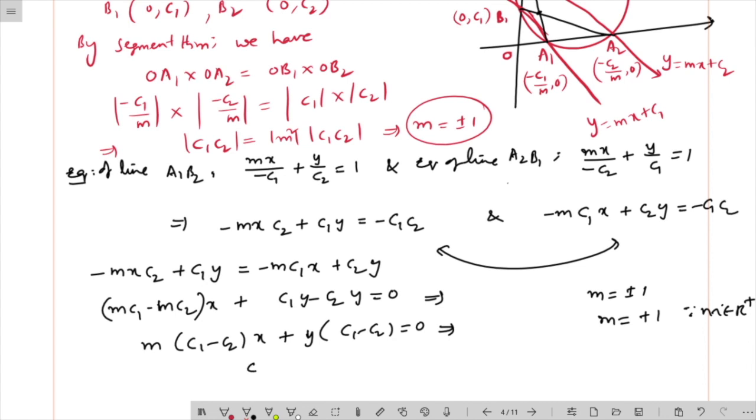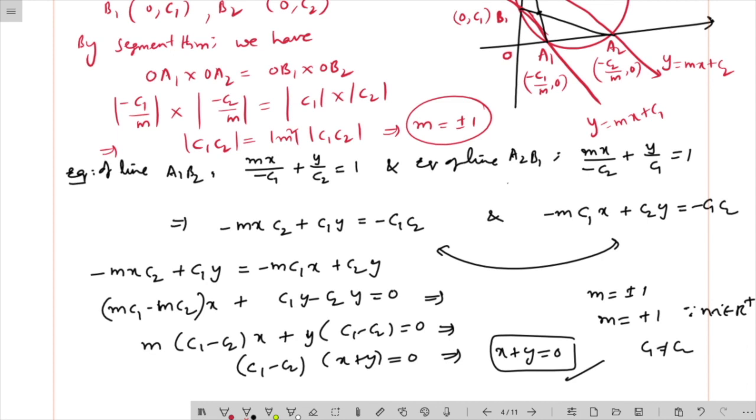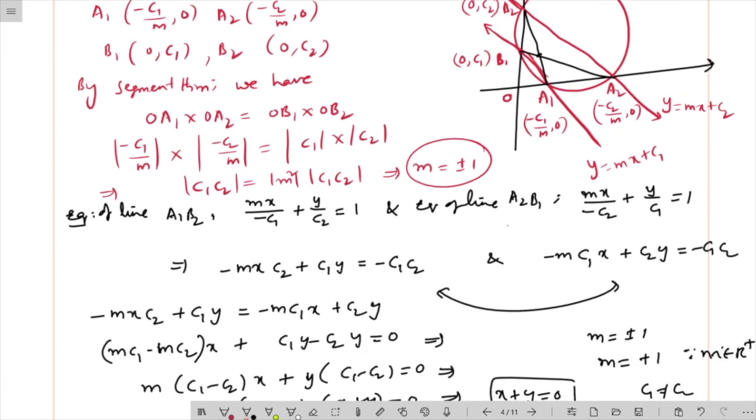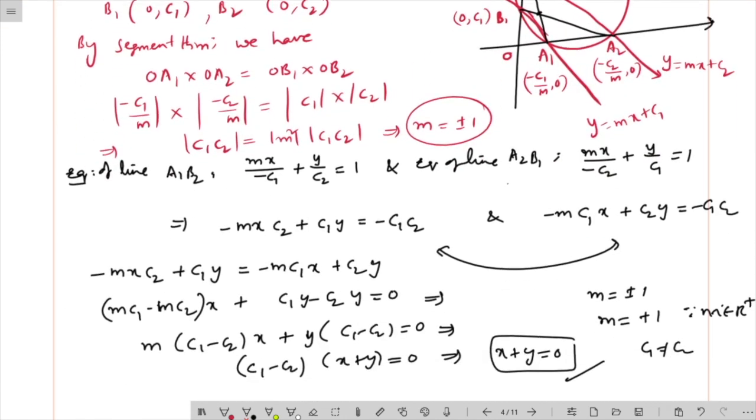So we have (c1 - c2)(x + y) = 0. Since c1 and c2 are two different constants, c1 is not equal to c2, so the locus is x + y = 0. So x + y = 0 is the locus of the intersection of the two lines A1B2 and A2B1. Hence the problem is solved.